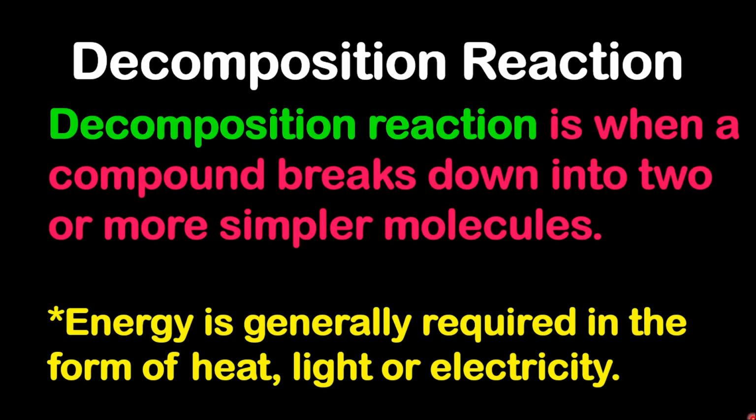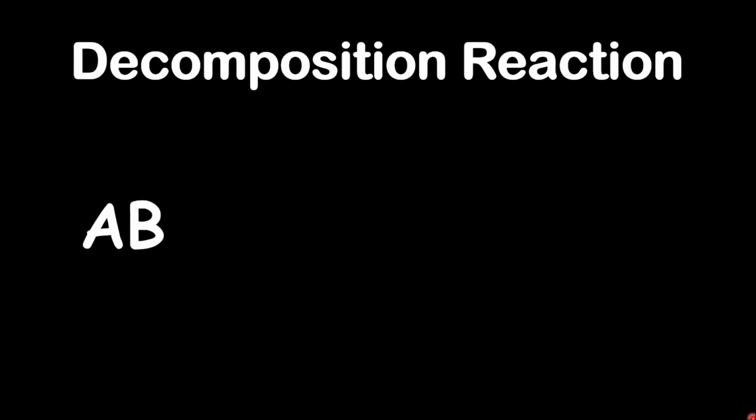In the case of light, it is called photo-decomposition. In the case of electricity, it is called electro-decomposition. Now let's look at the general representation. Substance AB will break down to form substance A and substance B.